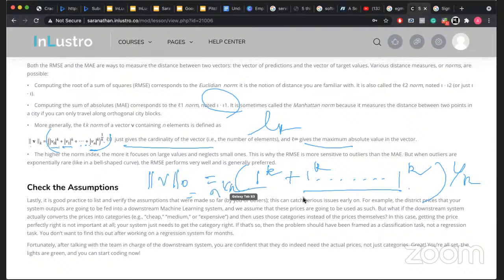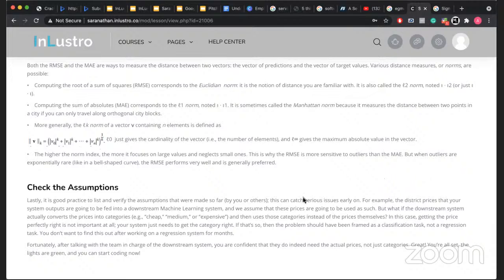And now here we know that this would give you the cardinality of the entire set. So I repeat once again, L0 gives the cardinality.